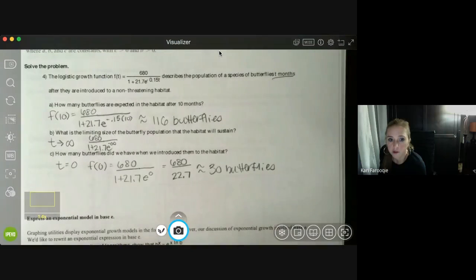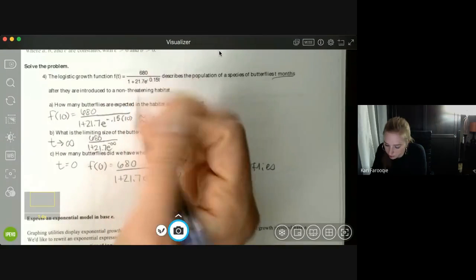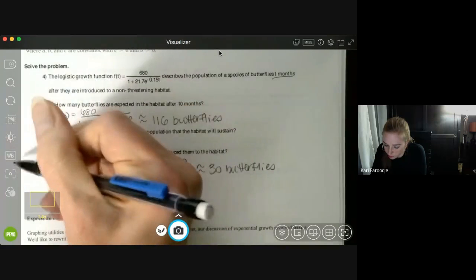And then you would just be looking at that value. So this is actually pretty advanced. This is something that you'll be doing in calc, but it's kind of an interesting question for this particular author to include in this text. What you're looking at here is thinking about this value for your exponential function, e to the x.